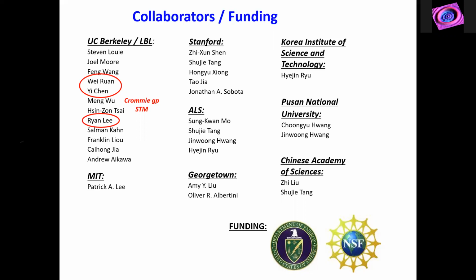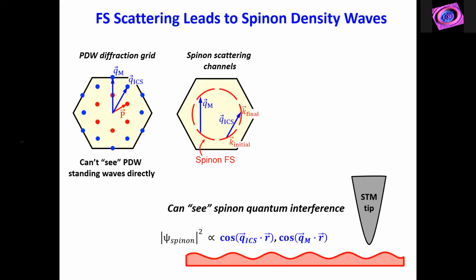Okay, well, I would say that the argument is really the same, because when we see the Fermi surface for the electron material, we're seeing it through the QPI, as you just said. So the idea here is really exactly the same, because here we're seeing the QPI of the spinon surface, but what we're scattering off of is a diffraction grid, and so it is exactly the same argument.